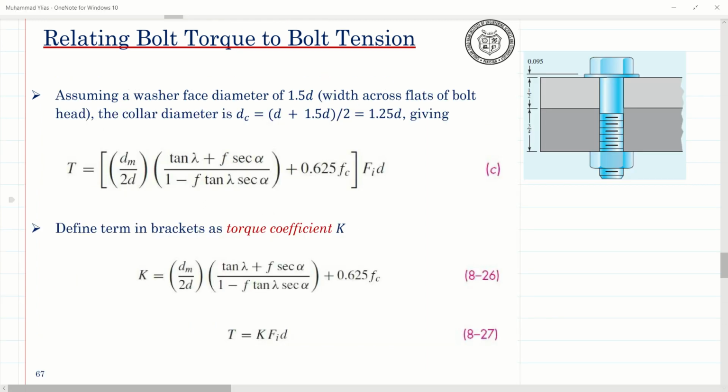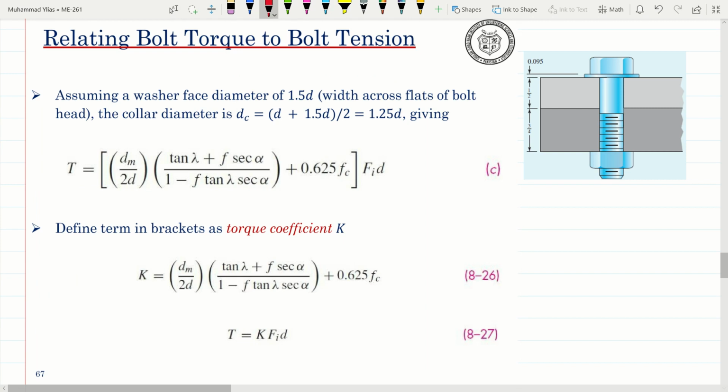Let's consider that for the figure shown on the right hand side, this nut is stationary and we are twisting the bolt in this direction, and by some magic we know the initial load which we want to generate.